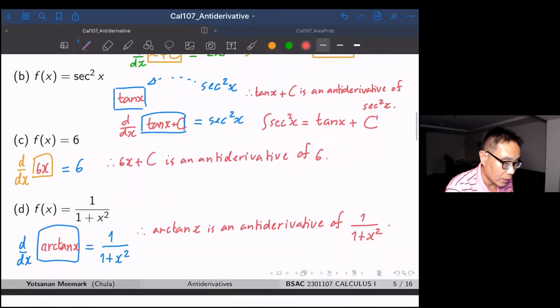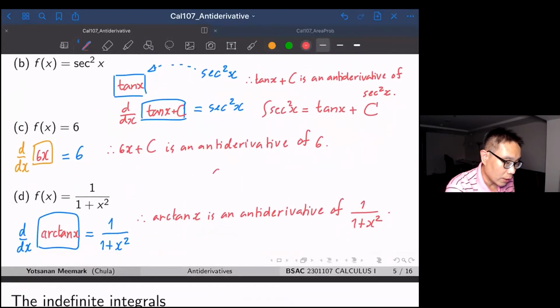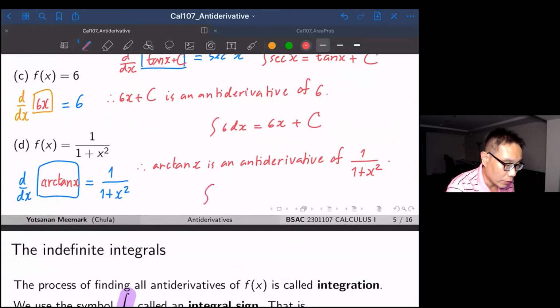And you're going to integrate 6 dx equal to 6x plus c. And you're going to integrate 1 over 1 plus x squared dx equal to arctan x plus c. And the function inside the box is here.